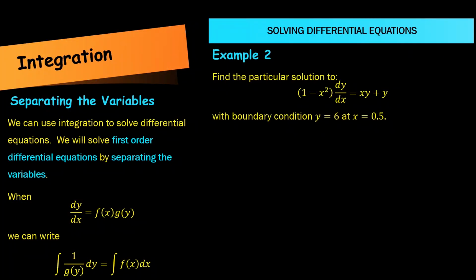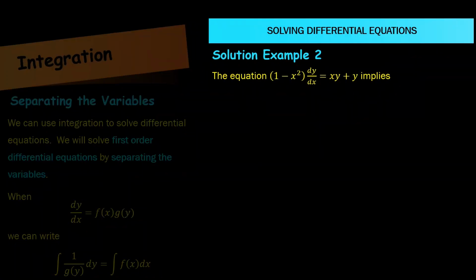Now let's take a look at another example. We're required to find the particular solution to the differential equation on your screen, with boundary conditions y equals 6 at x equals 0.5. So let's solve this. Again, we're going to rearrange this. First refactorize.